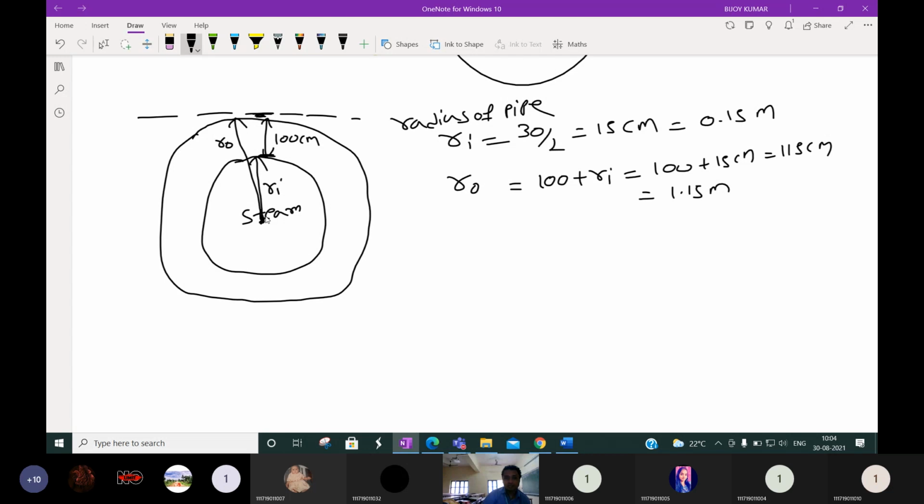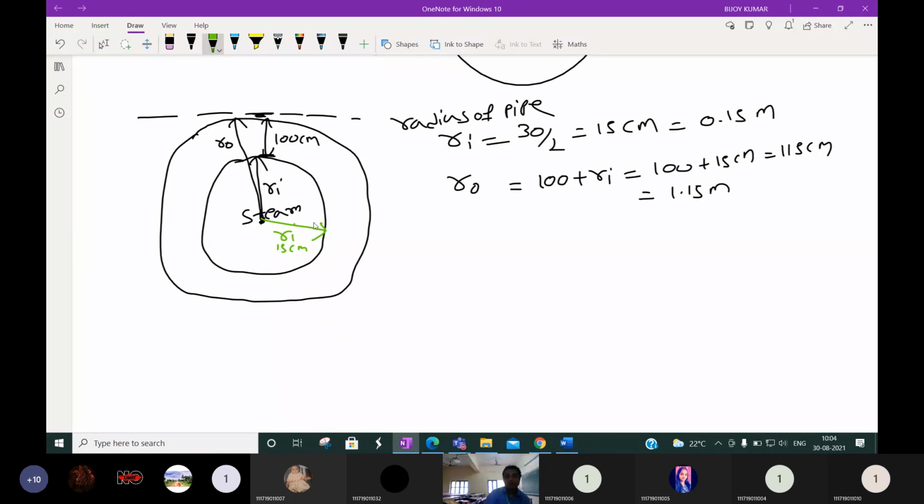Let me draw it. This is the radius of the pipe, 15 centimeter. Is there any doubt till now? No doubt, okay.